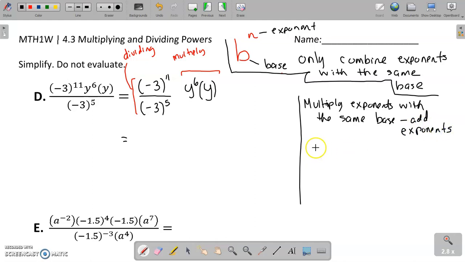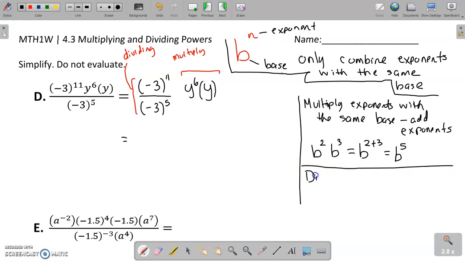So in general, if we had base to some number, let's say 2, times base to some number, 3, that would be equal to the base to the power 2 plus 3. Well, 2 plus 3 we know is 5, so that would be the base to the power 5.